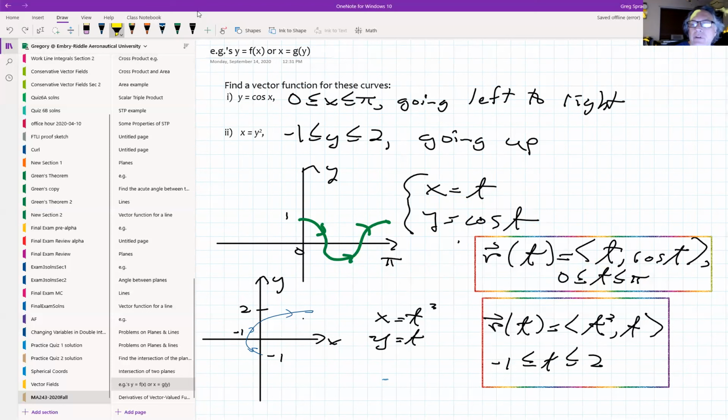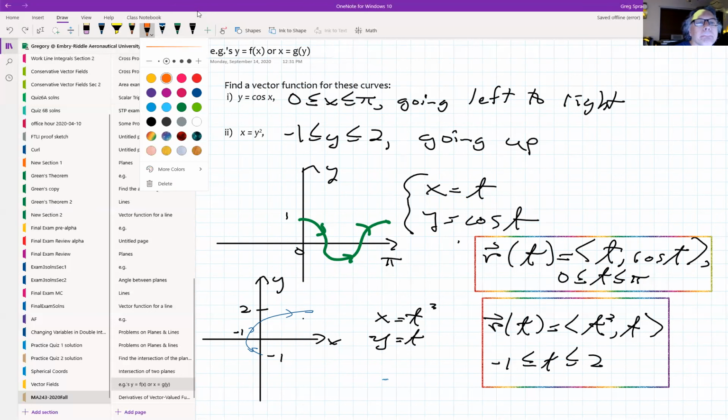And remember, for every value of t, r of t is the position vector of a point on the curve. And here are a couple examples.